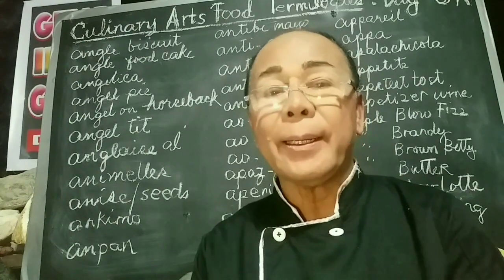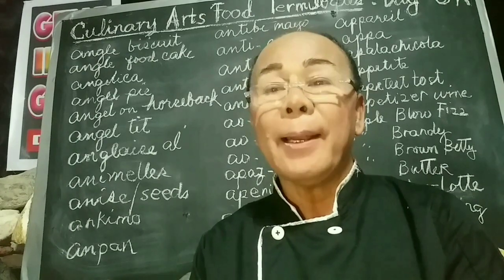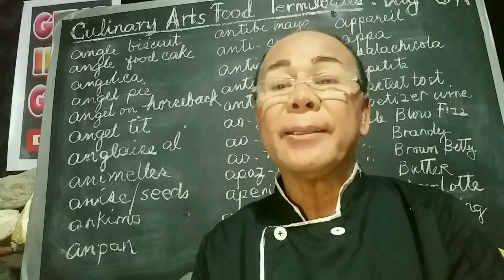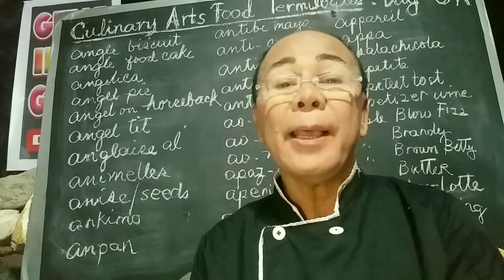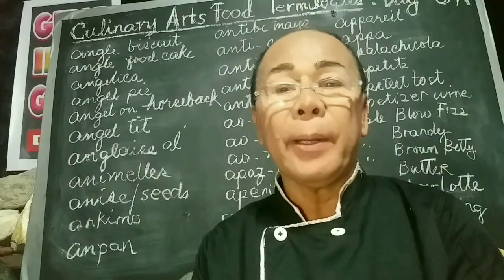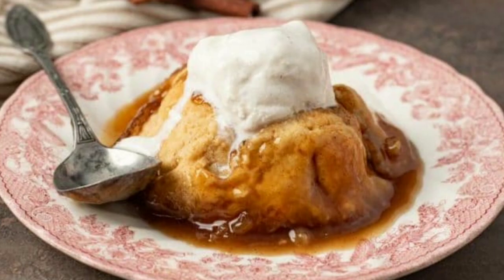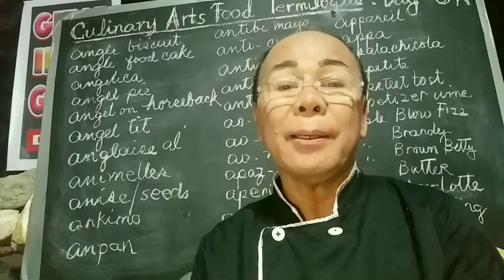Next term, we have the apple charlotte. This is a pastry made by lining a mold with buttered bread, then filling it with spice-sautéed apples. Next term, we have the apple dumpling, a dessert made by wrapping an apple in sweet pastry dough and baking it.